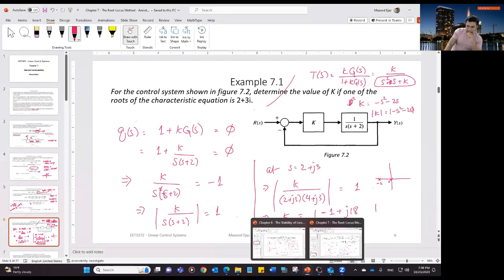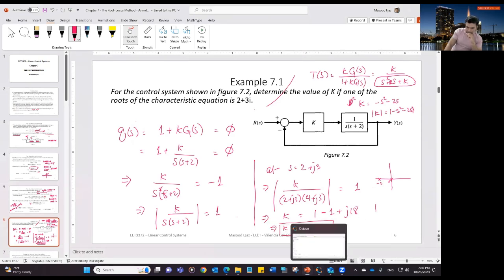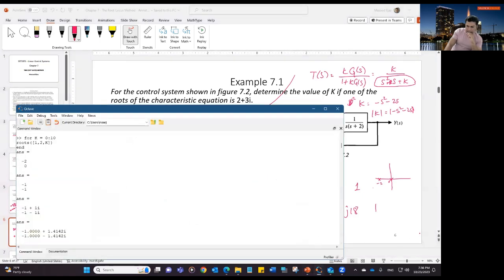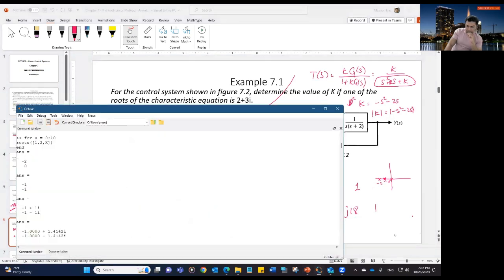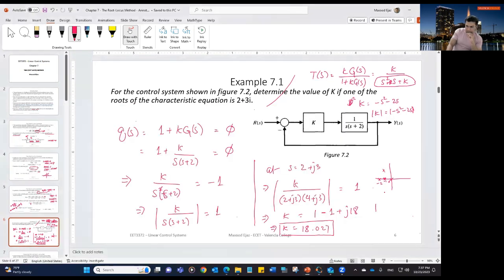The second set of roots are -1 and -1, so you have two roots here. And then likewise you have -1 plus j and -1 minus j, and so multiple roots.